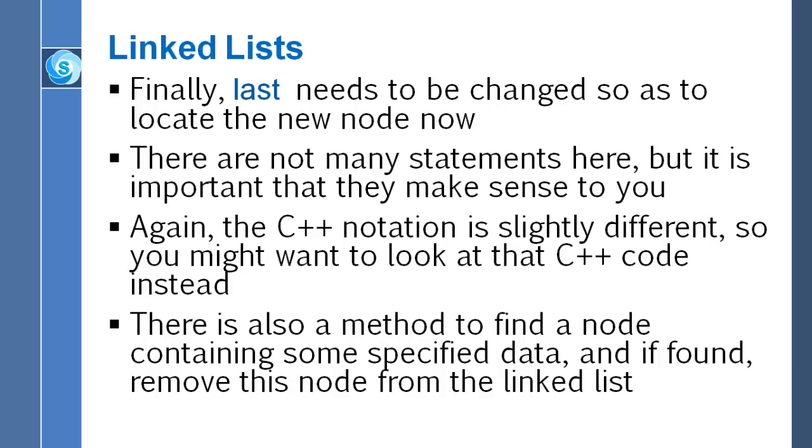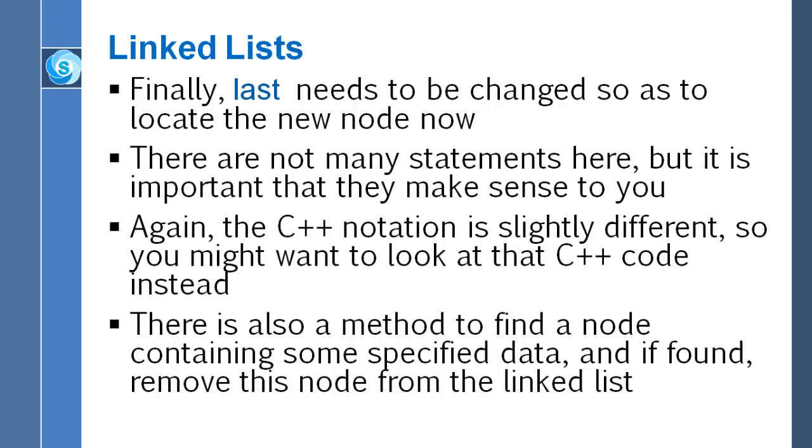There's also a method buried somewhere inside that code to look for some specific piece of data in the linked list. It will sequence through the linked list. Starting at the beginning of the linked list, it will navigate.